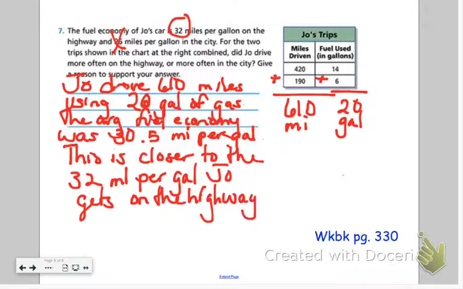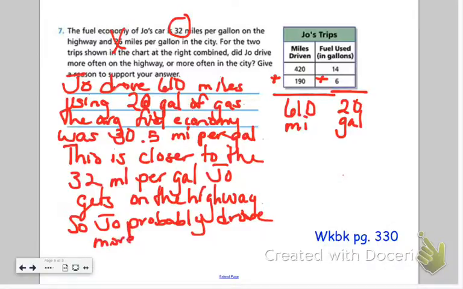Sorry about all this chicken scratch here. So Joe probably drove more often on the highway. Whew, that's a lot.